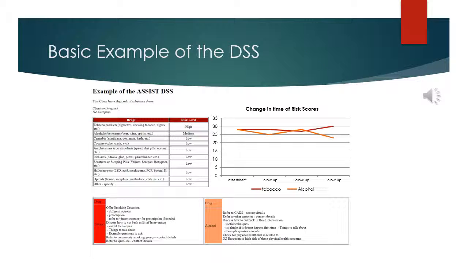It also has all the other drugs, so all the other substances would have referral details to CADs and other agencies depending on the risk level, and would also have useful techniques for a brief intervention and things to talk about. This would also flag different physical health concerns depending on ethnicity and age and the drug that is used.